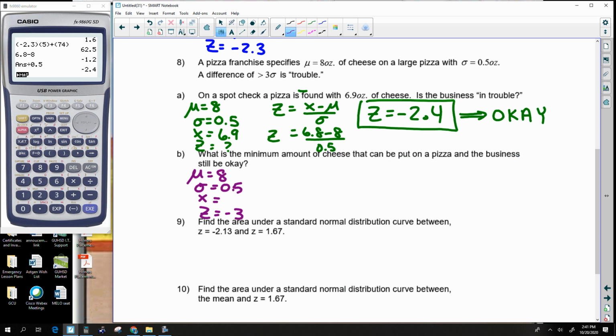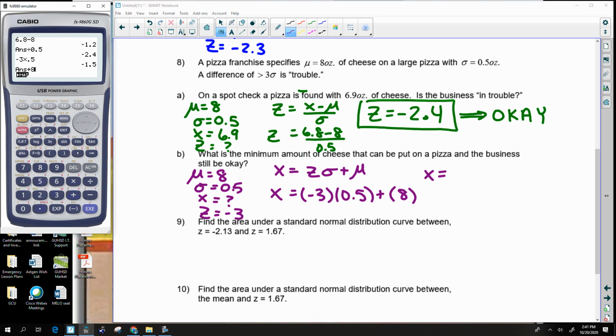So this x is z sigma plus mu. In this situation, negative 3 sigma plus mu. So the minimum amount of acceptable cheese on a pizza is 6.5 ounces.